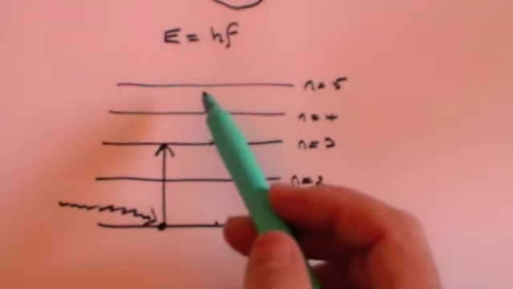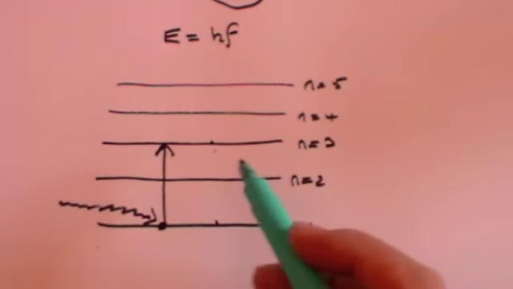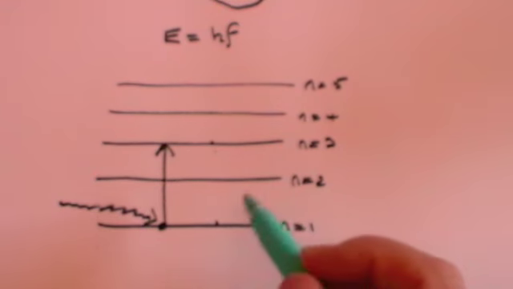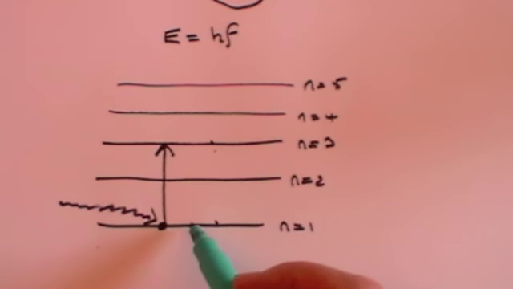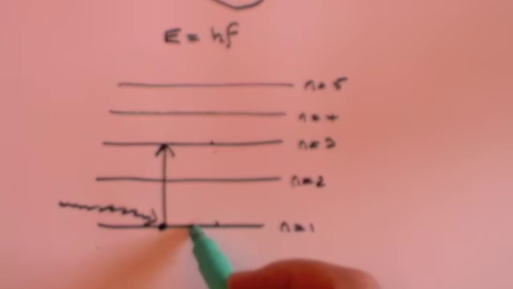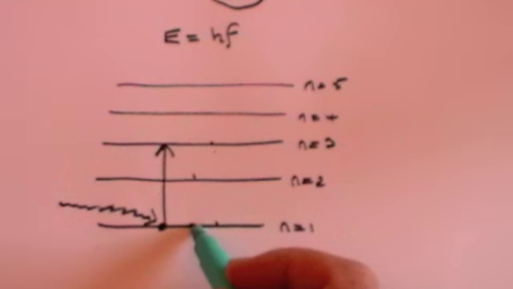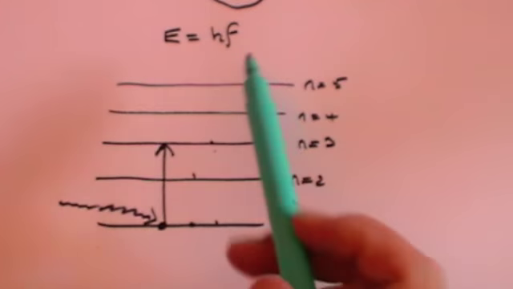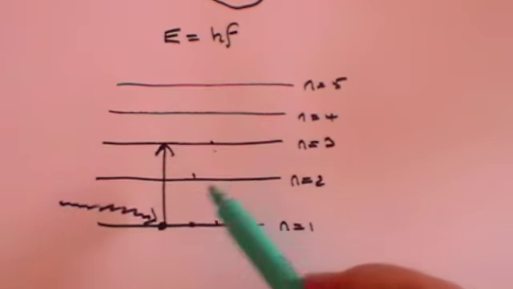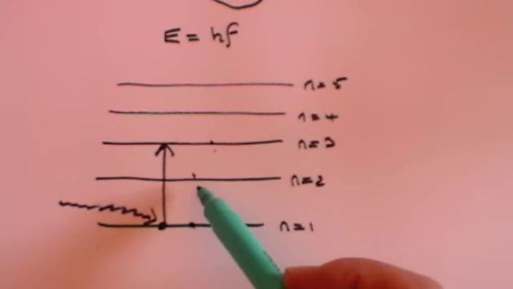But not all of these gaps are represented by visible light. For example, to get an electron elevated from the n equals 1 level in hydrogen, even up to n equals 2, let alone anything further, requires ultraviolet light. Because only ultraviolet light has a frequency that will give enough energy to get over that gap.